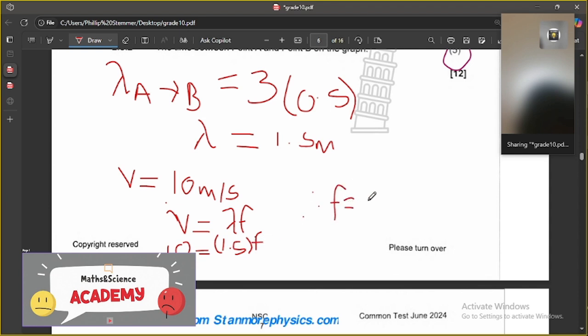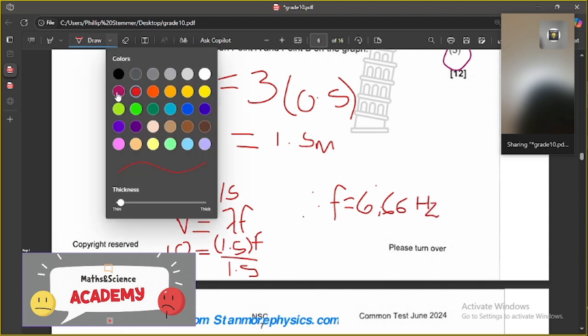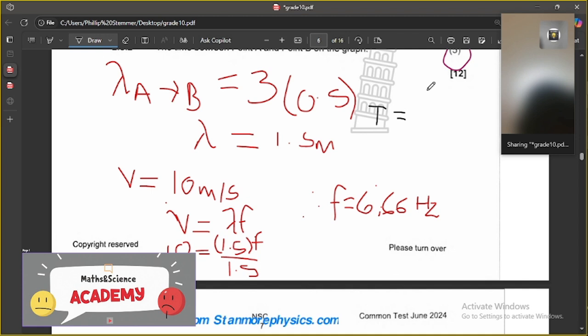Therefore, f is equal to 6.66 hertz. And then now we have the frequency. We can use the period formula, T equals 1 over f. Therefore, T equals 0.5 seconds.